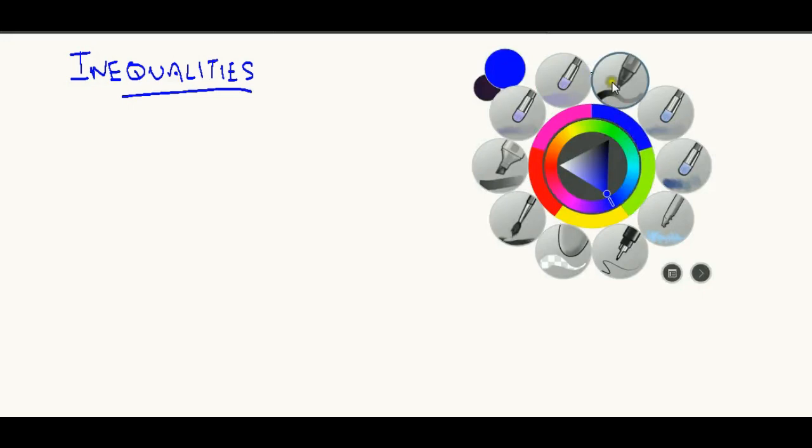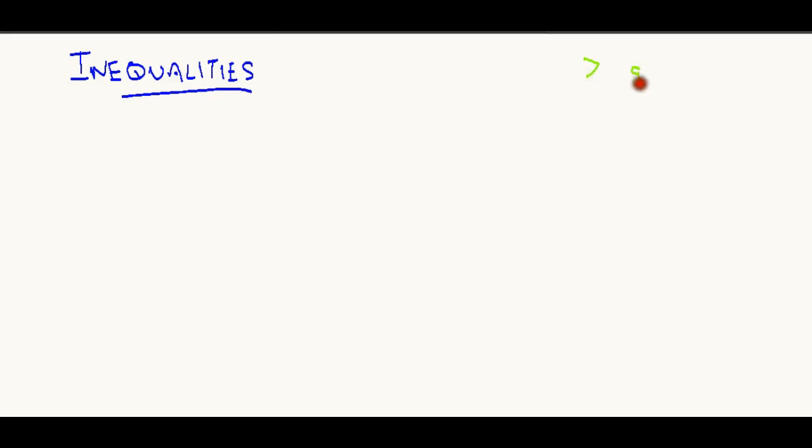So the topic that we're going to do today is inequalities. Basically, an algebraic sentence written with one or more of these three signs, namely greater than, and then we have lesser than, or greater than and equal to something, lesser than and equal to something.